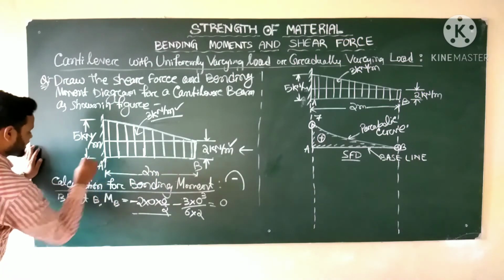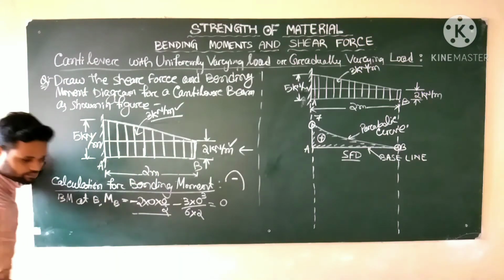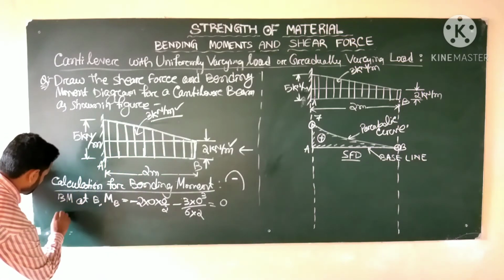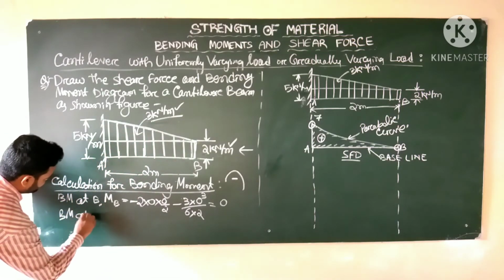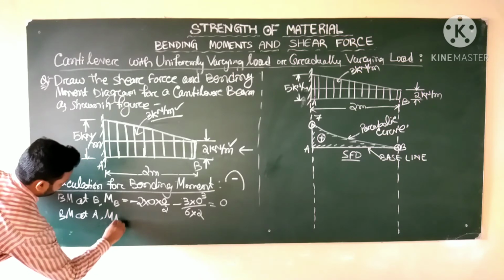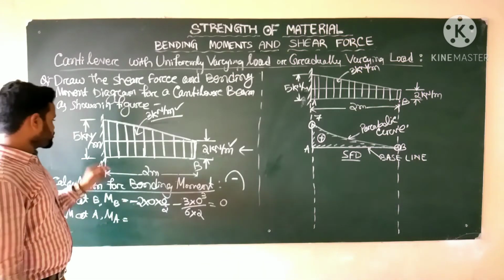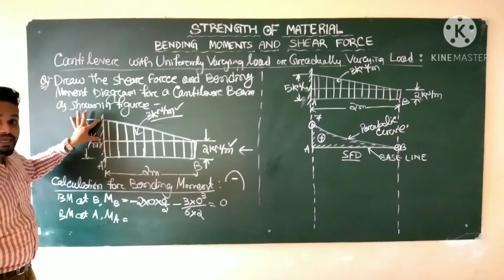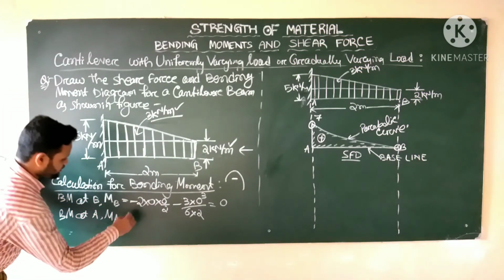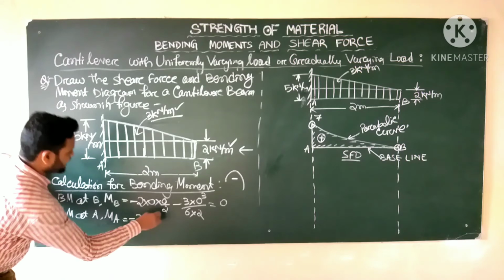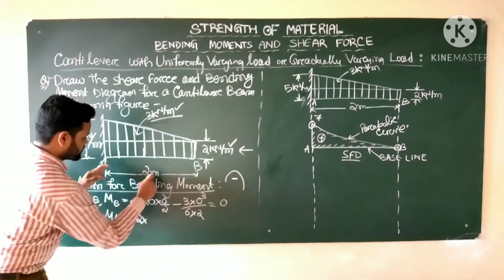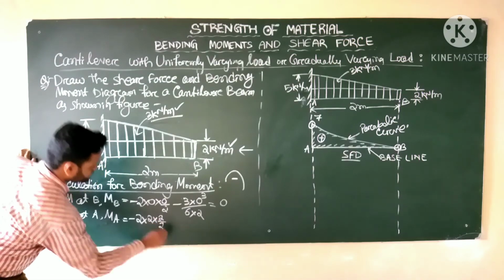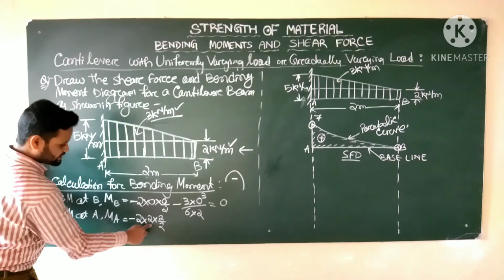Next, after B, point A, so bending moment at A, we can say M A equal to. Here at point A, this amount is UDL and this amount is UVL. For UDL, that is minus W into X by 2, this distance becomes X, so 2 meter. 2 into 2 by 2.